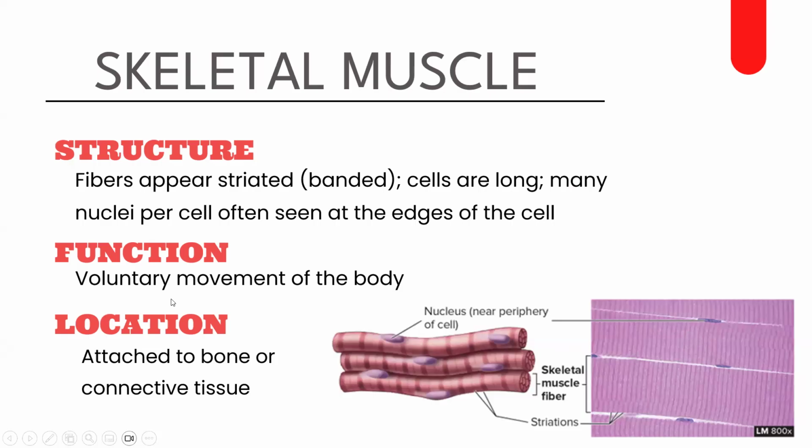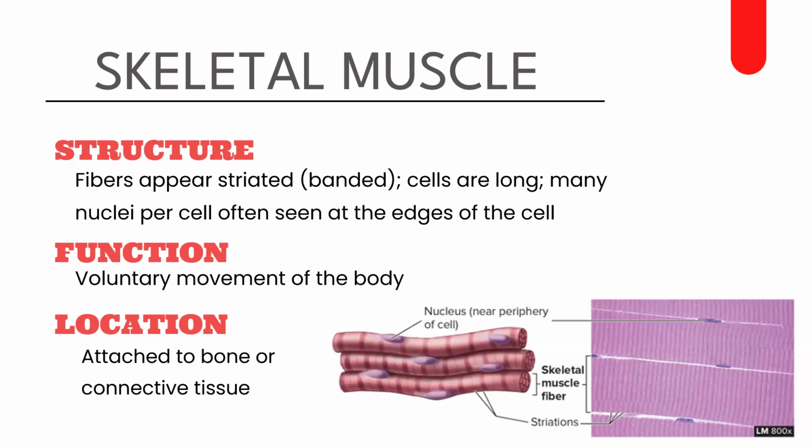So we get to turn on or choose to use our skeletal muscle. And you will see that skeletal muscle is the only type of muscle tissue that is voluntary. Our two other types of muscle tissue, smooth muscle and cardiac muscle, we cannot control.